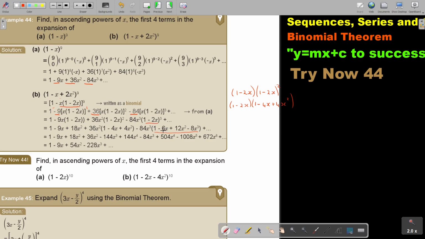Otherwise, you can use again your binomial theorem, but I think it's easier to just do it on the side. Then you multiply out, and you just make sure that you count all the terms. So there's just x, and there is your x squared, and there's your x to the power of 3, and it's just the first 4 terms, 1, 2, 3, 4. But you have to do that to be able to get those 4 terms.